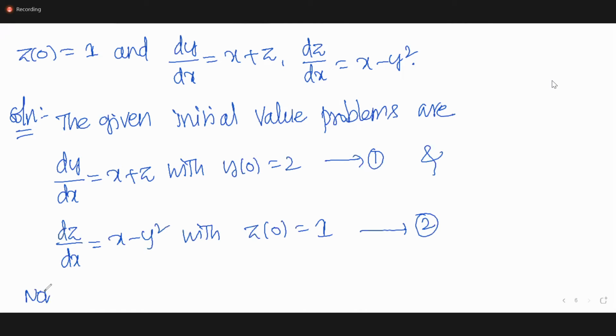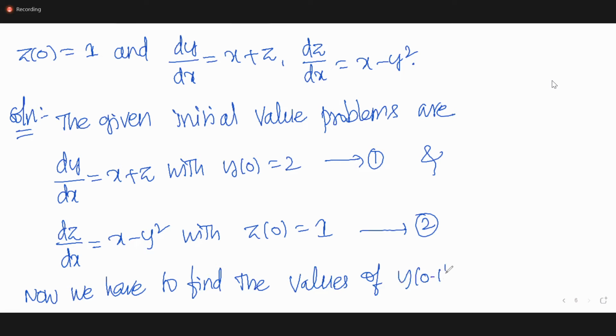Now we have to find the values of y of 0.1 and z of 0.1. Here f of x comma y comma z is equal to x plus z.